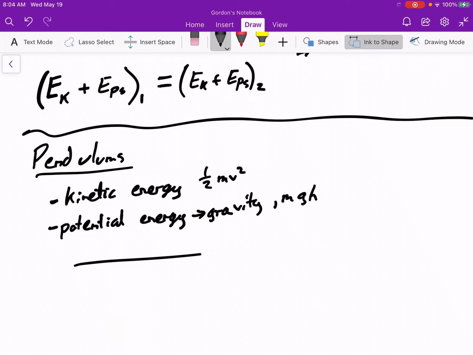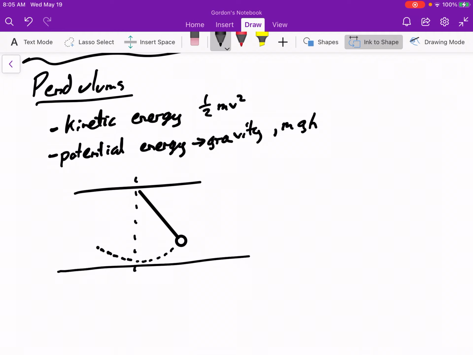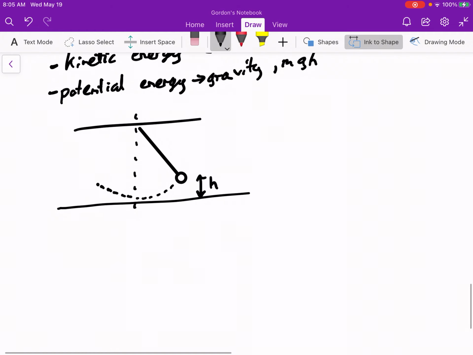So if we've got our pendulum, say here's our equilibrium point, and it's been pulled off to the side by some amount. Let's say that's the path that this pendulum is going to take. If we use the equilibrium point as our reference point, you can see that our object is moved up some height.